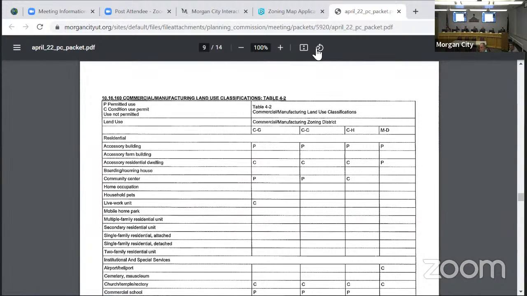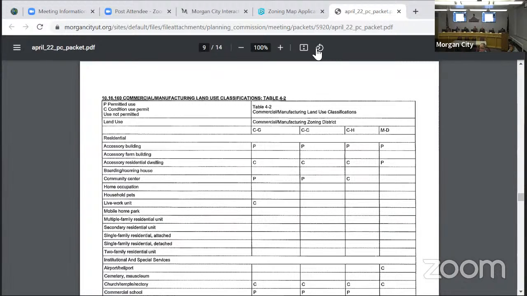So agenda item number 3 is to discuss a potential amendment to Ordinance 10-16-160, which is the commercial manufacturing land use classifications, and specifically Table 4.2.